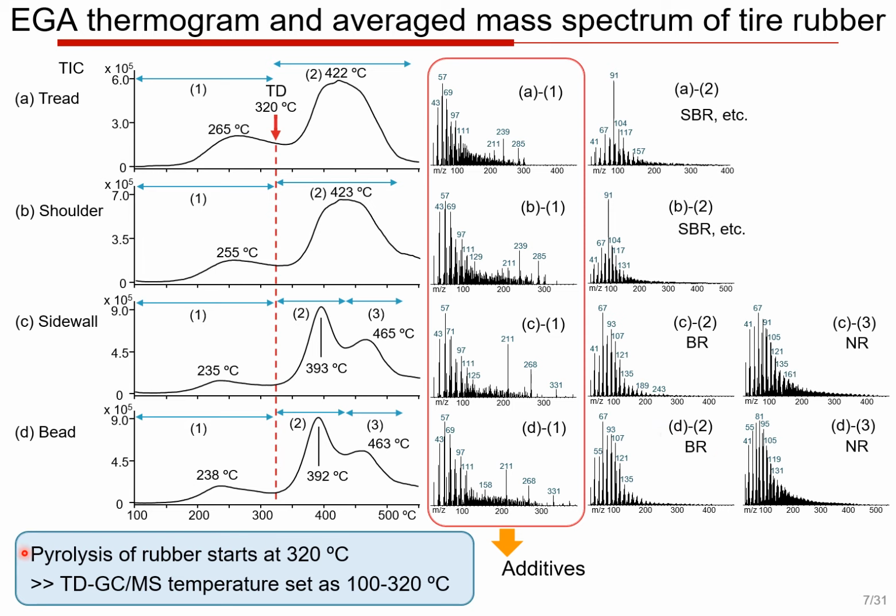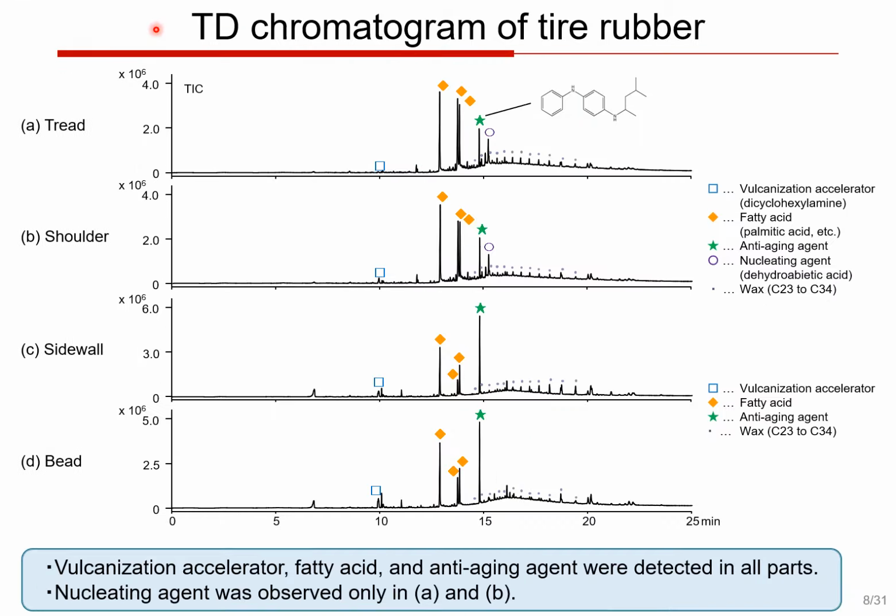Since it was found that the pyrolysis of lava components start around 320 degrees C, the analysis temperature for thermal desorption analysis was set from 100 to 320 degrees C. The TD chromatograms of tire lava are shown here.